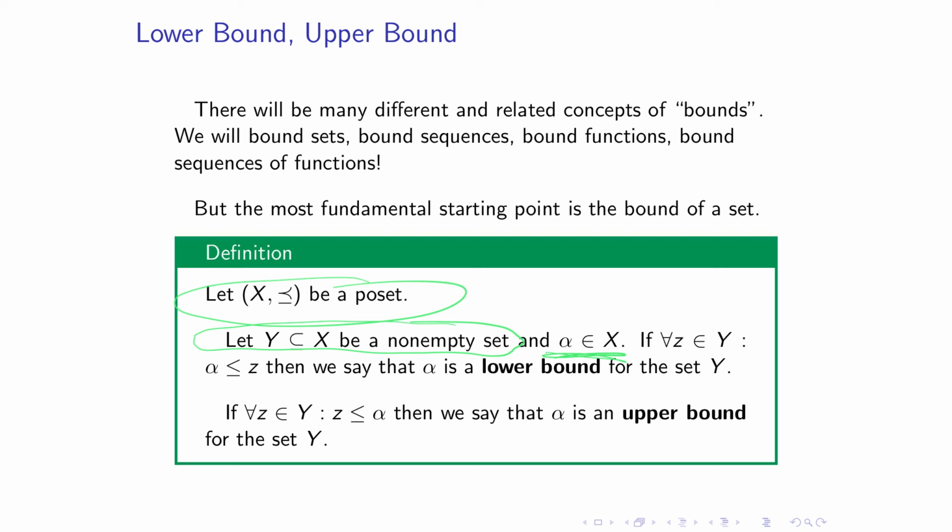If alpha preseqs everything in y, we say that alpha is a lower bound for y. Obviously, there's a dual. If everything in y preseqs alpha, then we say that alpha is an upper bound for the set y.